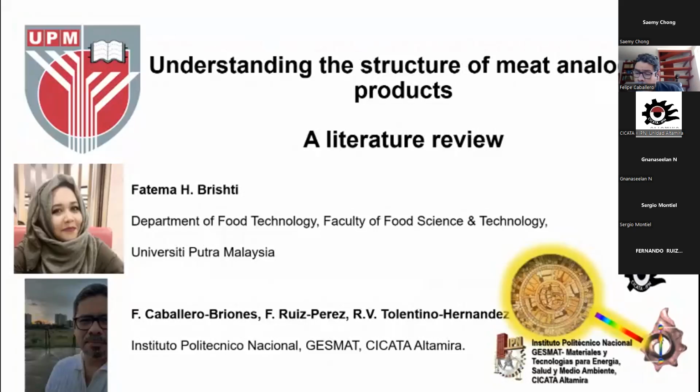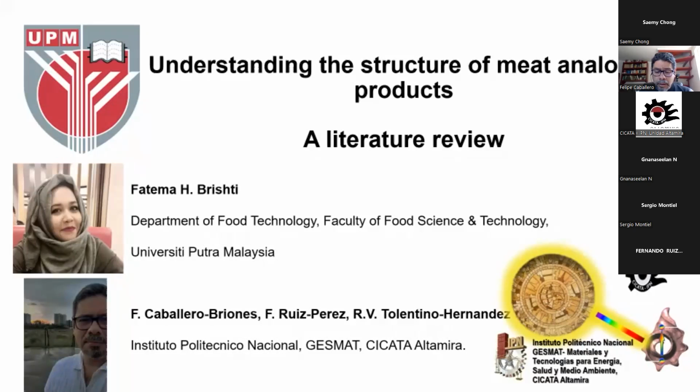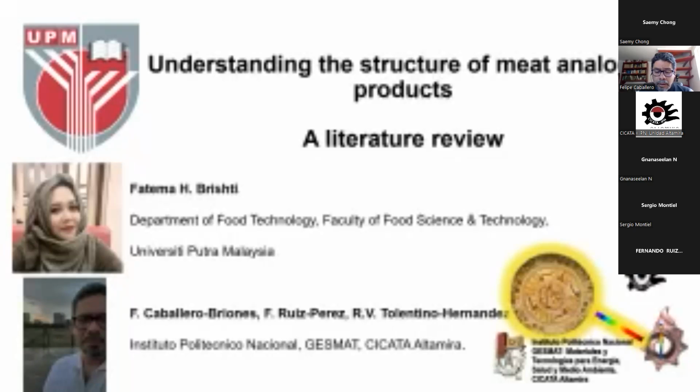But first of all, in the past presentation, Dr. Fatima told you about the availability of these plant-based products. So I will share with you some basic products that we already have here in Mexico. This is cheese, a mixture of cheese. And these are burger patties.